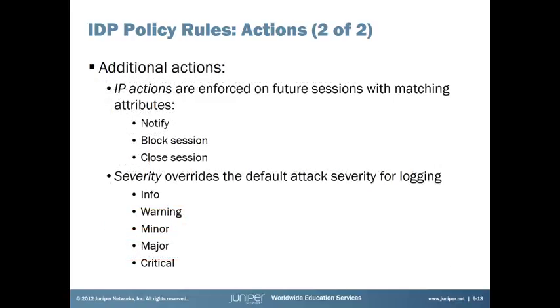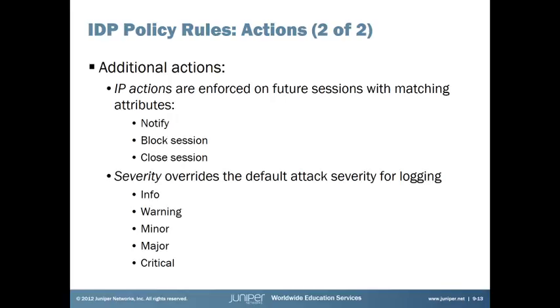Okay, additional actions. We can notify, block the session, close the sessions. So if we find that there is a particular attack coming from a source address to a destination address which matches a particular application, then we can set the system up to block all further sessions from that address that match that particular criteria.